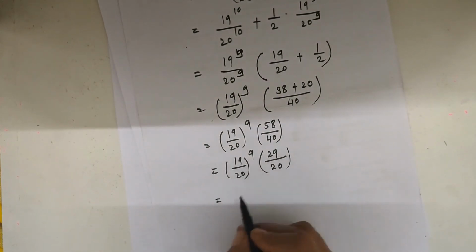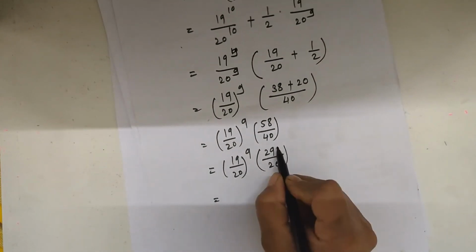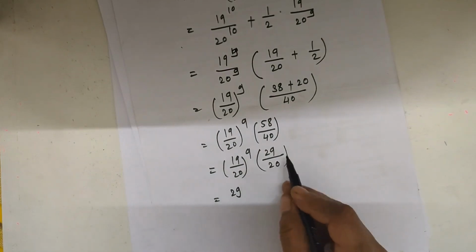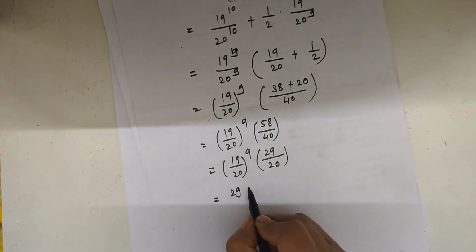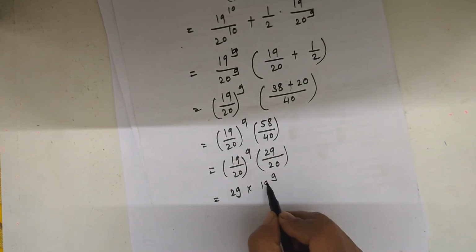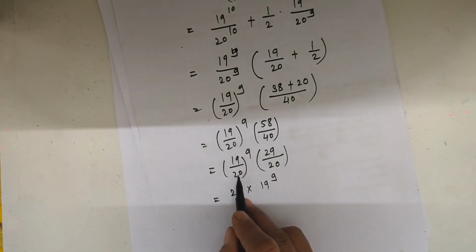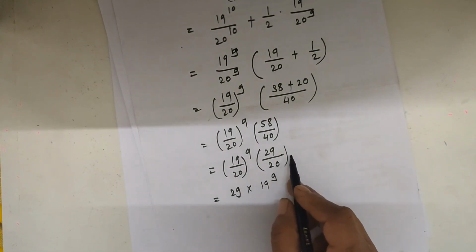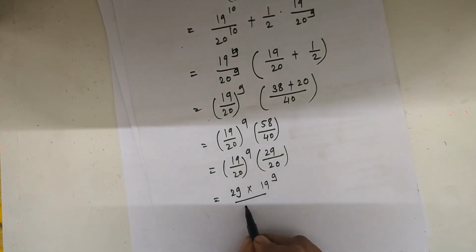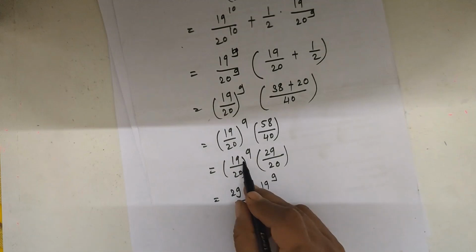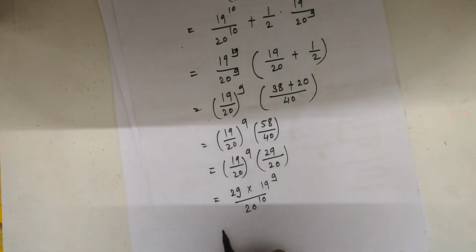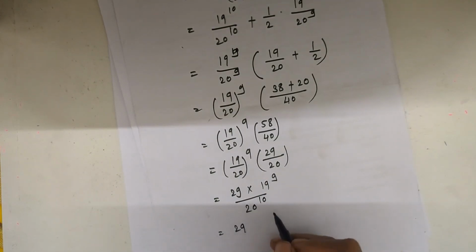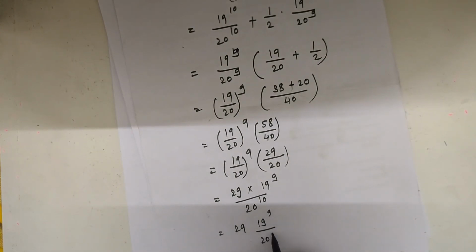So here we can write 29 into 19 raised to 9, and adding the index of 20 raised to 9 plus 20 raised to 1, that is 20 raised to 10, 9 plus 1 is 10. So the answer is 29 into 19 raised to 9 upon 20 raised to 10.